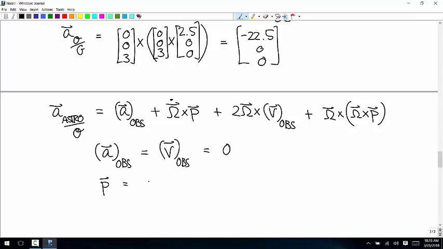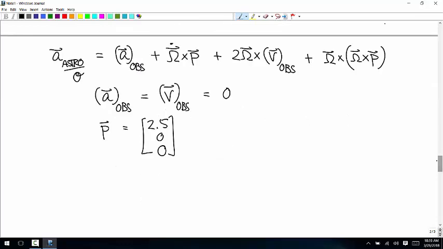The position vector is 2.5, 0, 0. There's no change in the angular velocity, so that's zeros. And the angular velocity of the coordinate system is still 0, 0, 3.